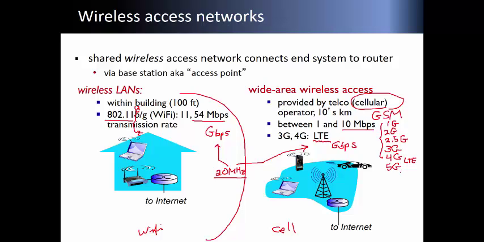So when you purchase, for example, an iPhone, someone may say, oh, your iPhone is 802.11n or g. What does that mean? Or someone says, oh, your phone is 4G or LTE. When they say LTE, that means the cell signal is in LTE.